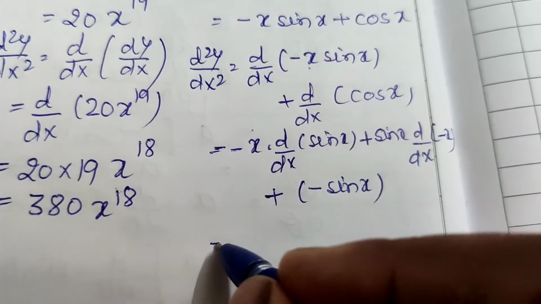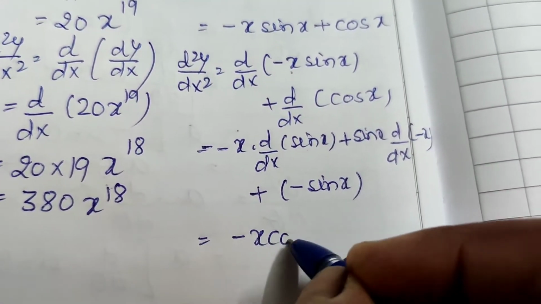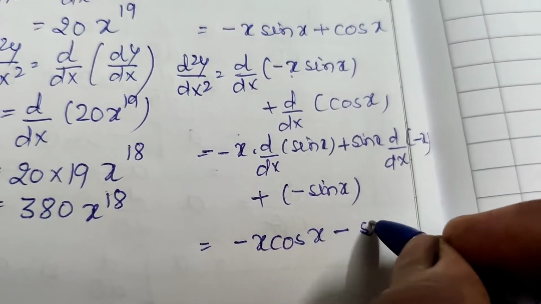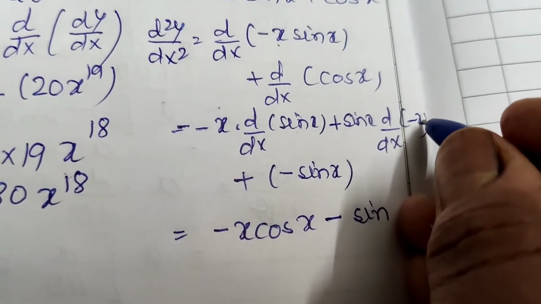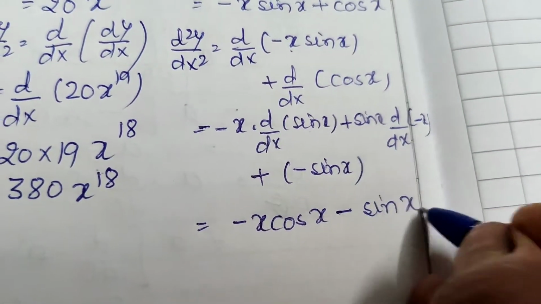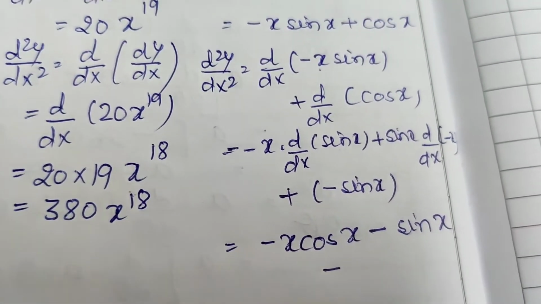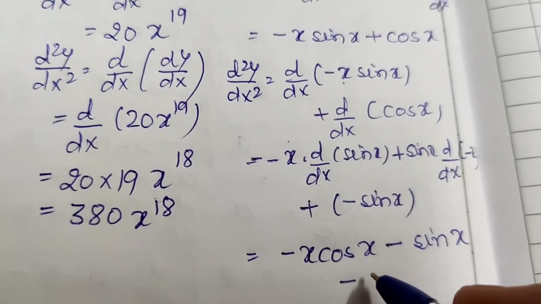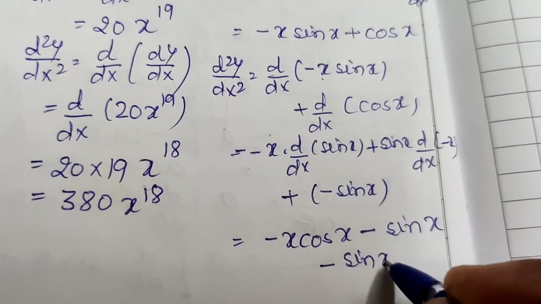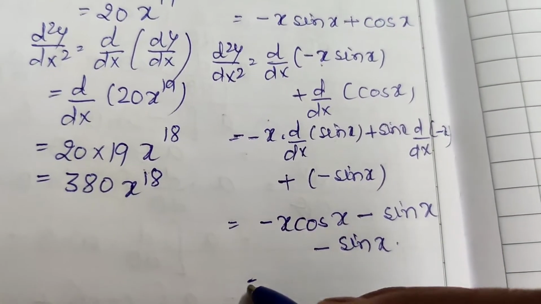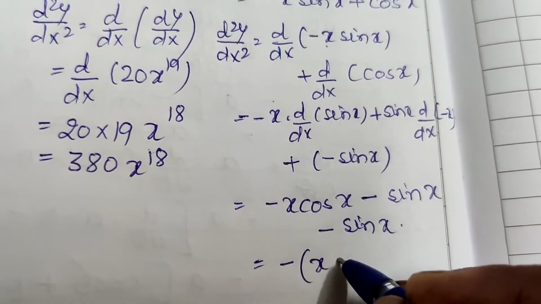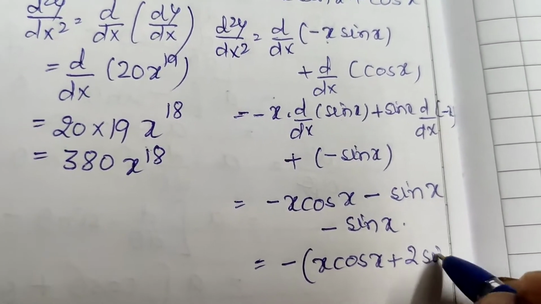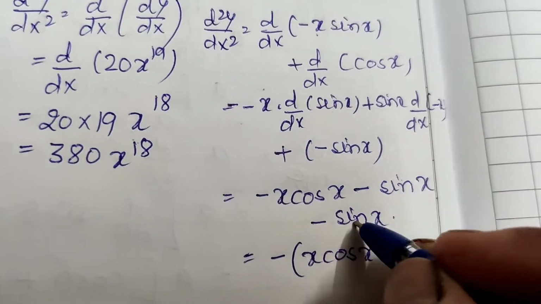It is equal to minus x cos x minus 1 into sin x, minus sin x. The answer is minus, take common, x cos x plus 2 sin x.